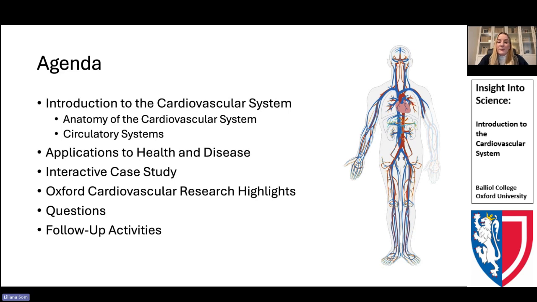Then I tried to come up with an interactive study to explore the coronary vascular disease risks. And finally, to make it Oxford specific, I will be highlighting a lot of research excellence that is going on at the university. And afterwards, you'll have time to ask any questions that you might have, but also feel free to put them in the chat if you've got anything in the meantime.